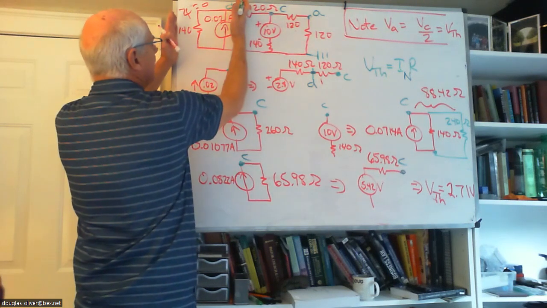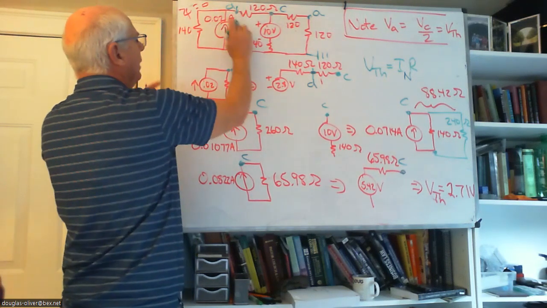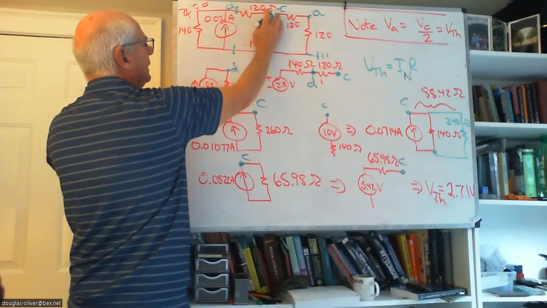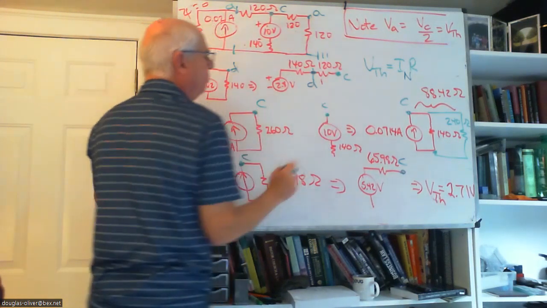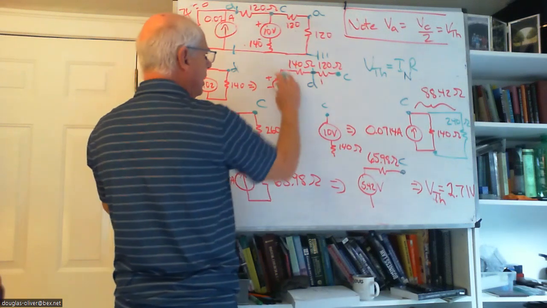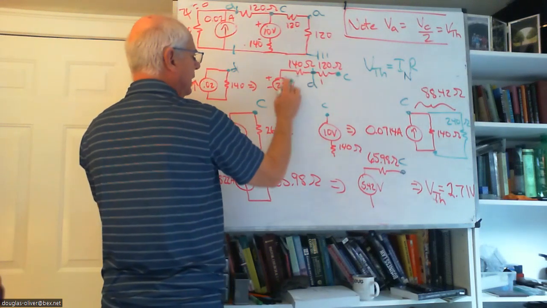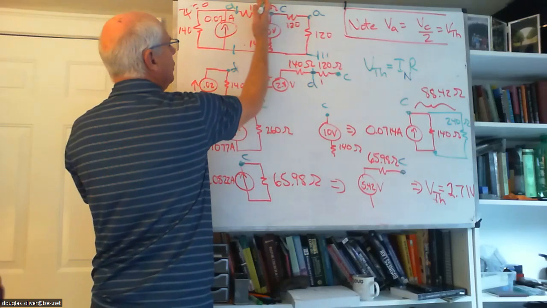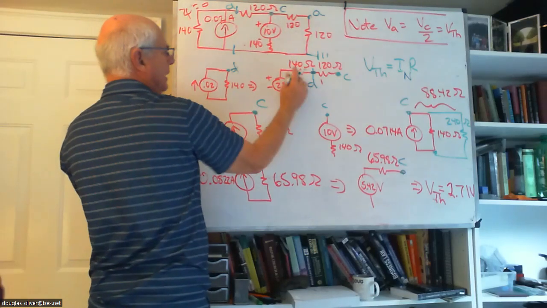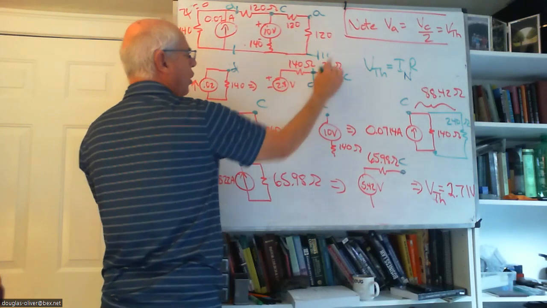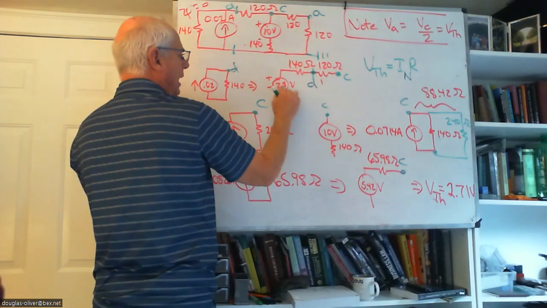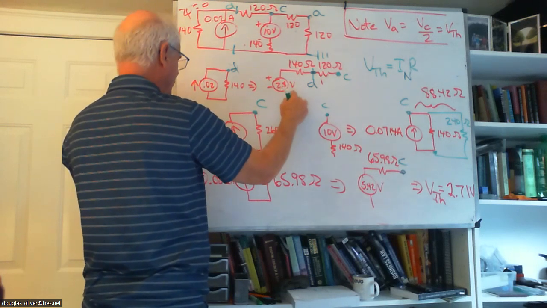So that's the part left of point D. I'm going to add on to that because I'm really interested in point C. I'm going to add on to that the 120 ohm resistor there. So this circuit to the left here is equivalent to a 260 ohm resistor and a 2.8 volt voltage source.